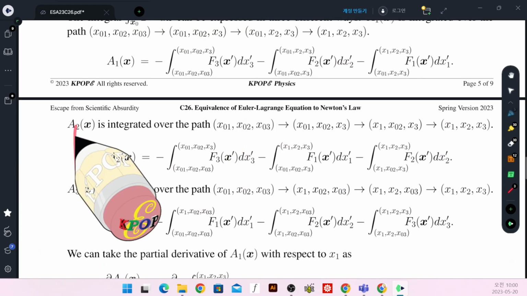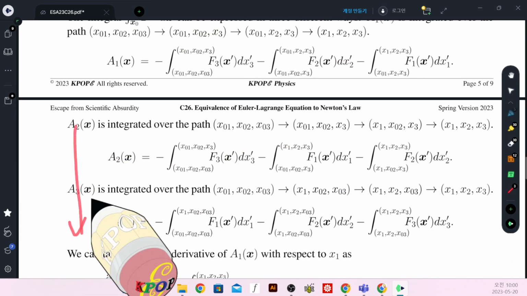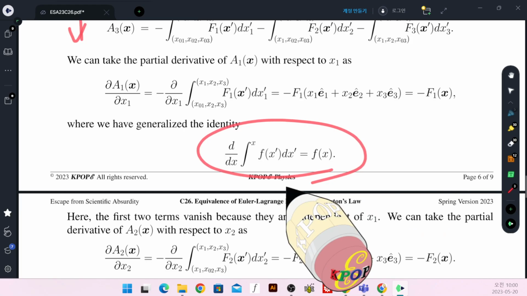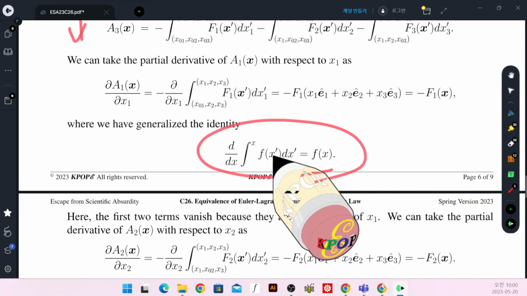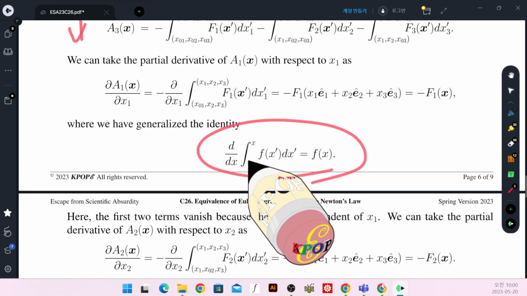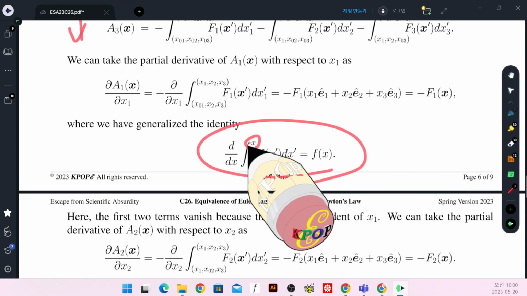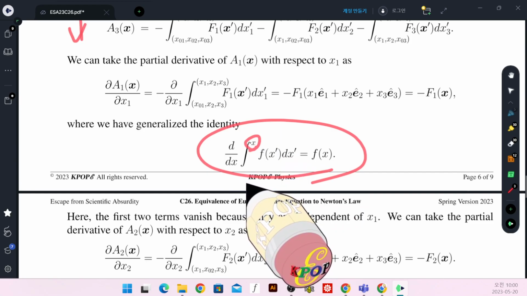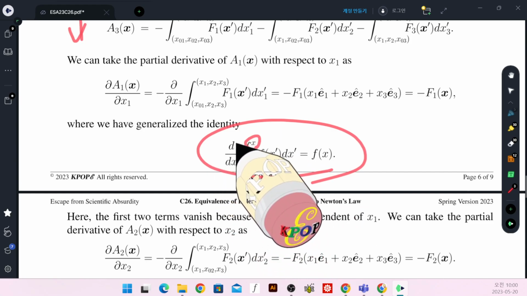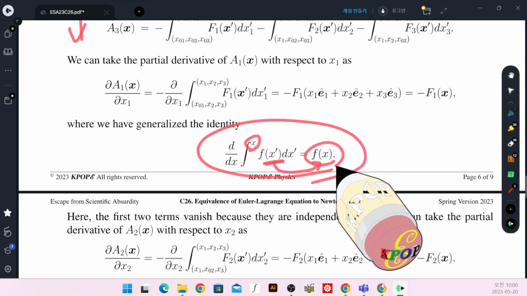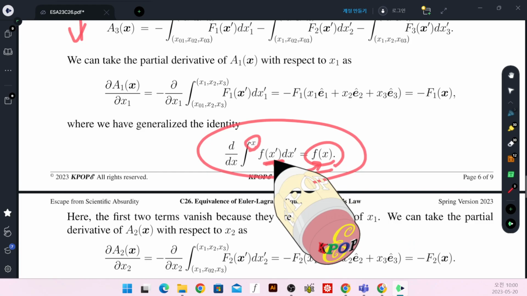Even though the detailed explanation looks very busy, what I'm talking about is a very simple formula we learned in high school. Take any integrable function integrated over a certain range with a variable upper limit. If you take the derivative, you return to the original form of the integrand.